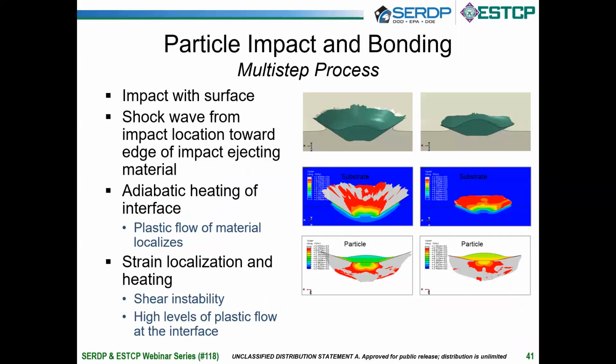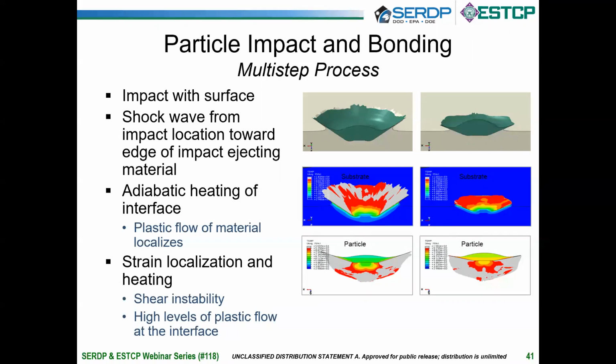So if we look at the process itself and the steps to achieving a bond of a particle on a substrate, the first thing that happens is we create a shock wave. So as that particle hits, there's a compressive zone created, and that creates a shock which actually ejects material from the interface between substrate. Then the material starts to deform, and during that deformation process, there's a lot of heat generated.